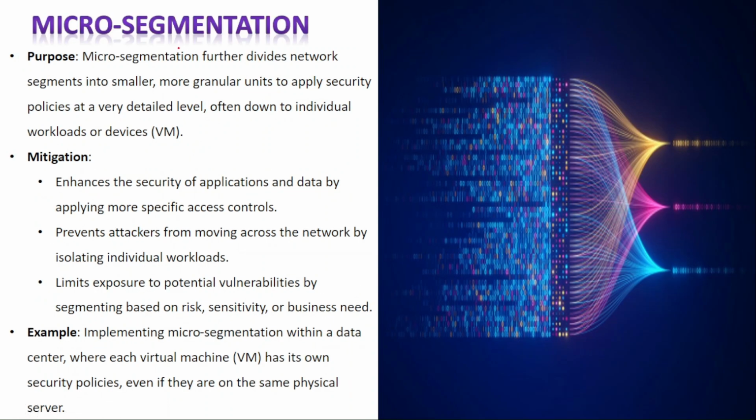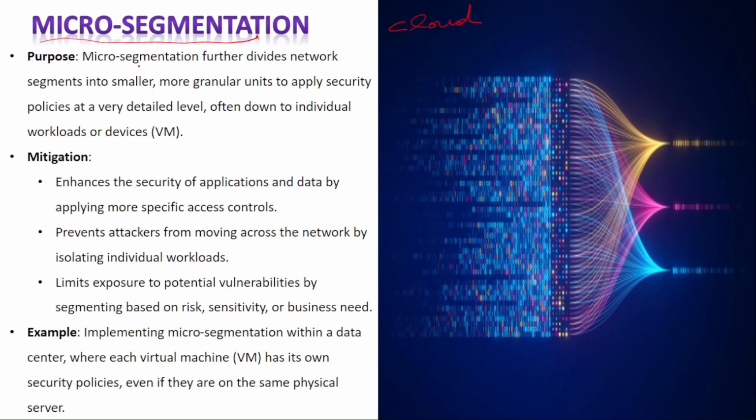Another related term, and usually this term is related to SDN, software defined networking, and the cloud, is known as microsegmentation. So this is another level of granular segmentation as opposed to regular segmentation.